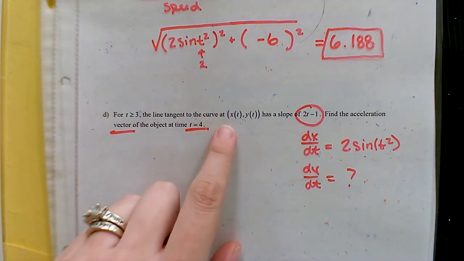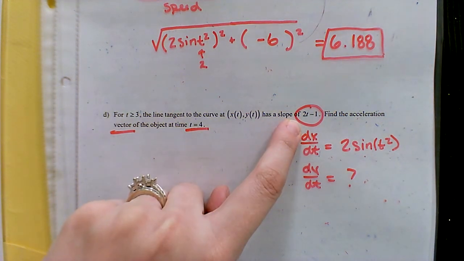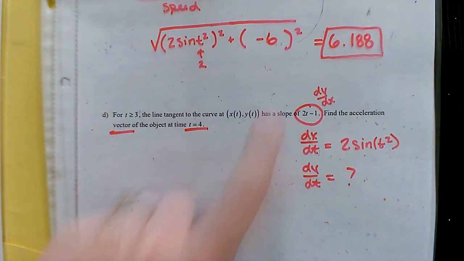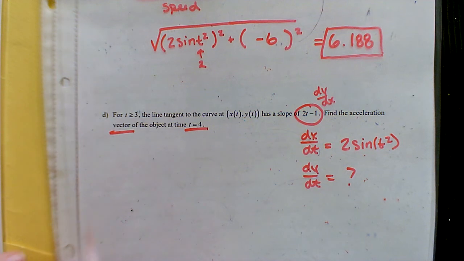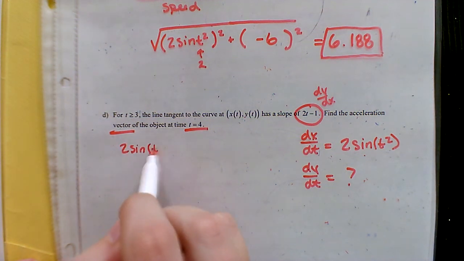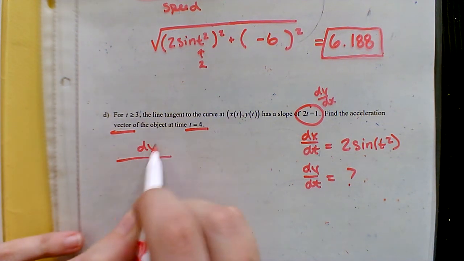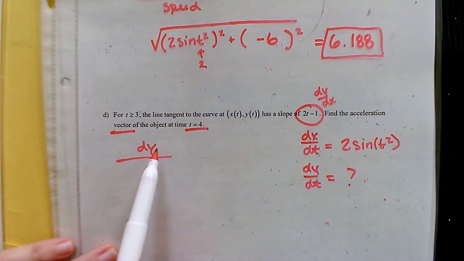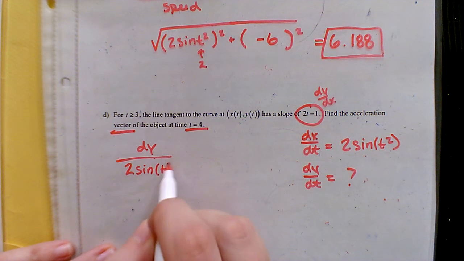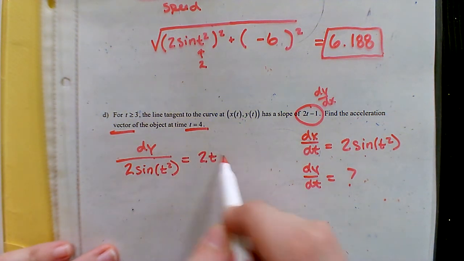Let's see, the line tangent to the curve at this point has a slope of that. This is your overall derivative. So we could label this as dy over dx. What do you want to do? Can you just put dy over 2 sine t squared, and then set that equal to 2t minus 1? There we go. We don't know the y derivative, so we'll just use dy to represent that. We do know the x derivative, and they also give us the overall derivative, which was 2t minus 1.